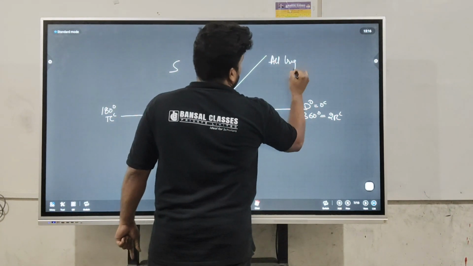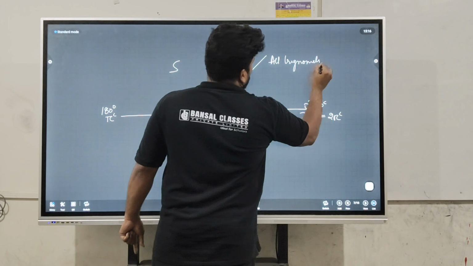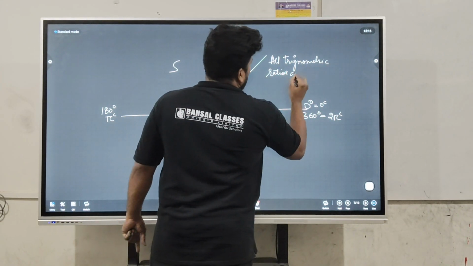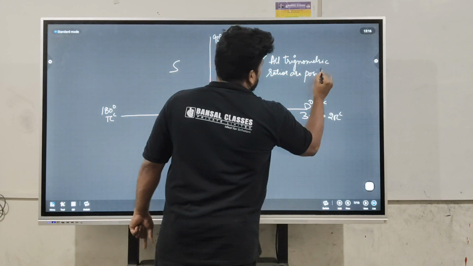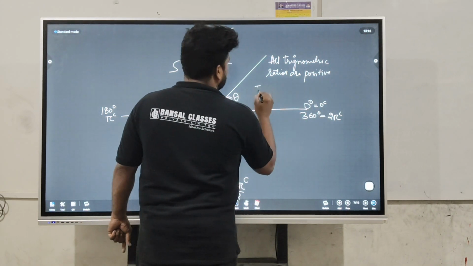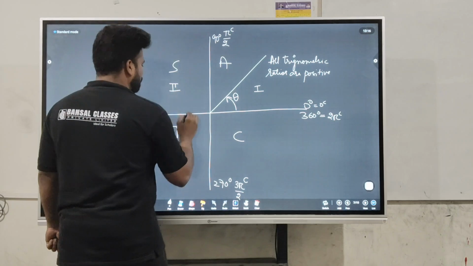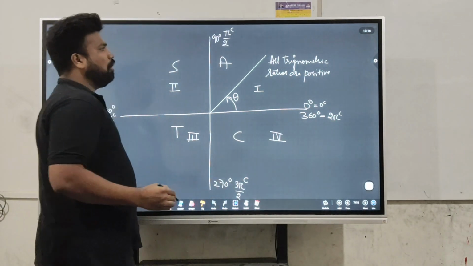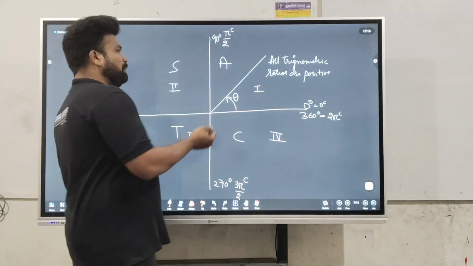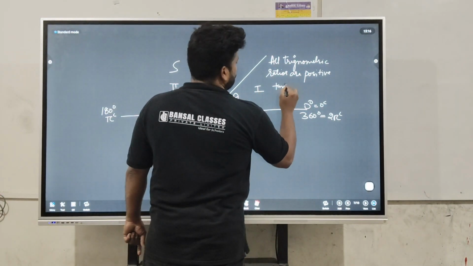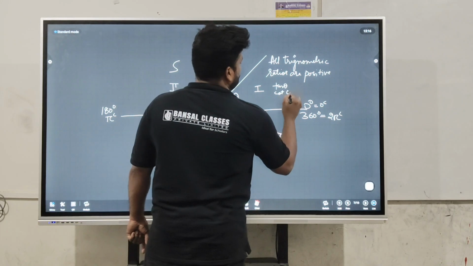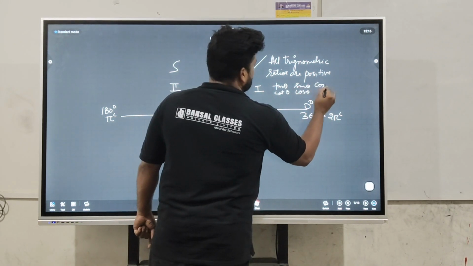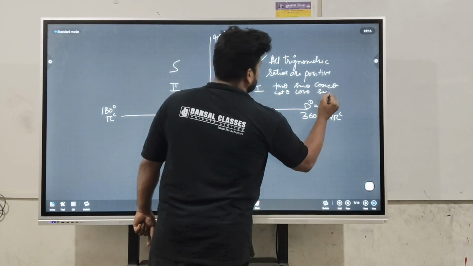This is the first quadrant, this is the second quadrant, this is the third quadrant, this is the fourth quadrant. In the first quadrant, all the trigonometric ratios are positive. Means tan is positive, cot is positive, sin is positive, cos is positive, cosec is positive, and sec is positive.